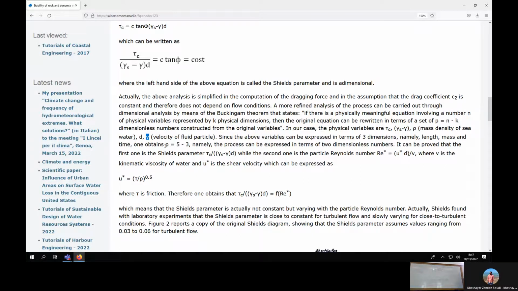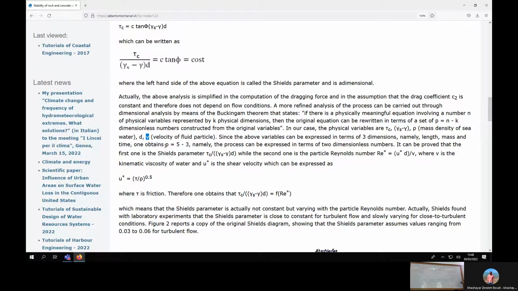The Reynolds number is given by the mass density of water, which multiplies the characteristic dimension d, and then you have to put here a velocity, and here let's put the shear velocity. We will see how it is defined, and then I have to put here the kinematic viscosity of water. I hope it is called in English kinematic viscosity, I think so.